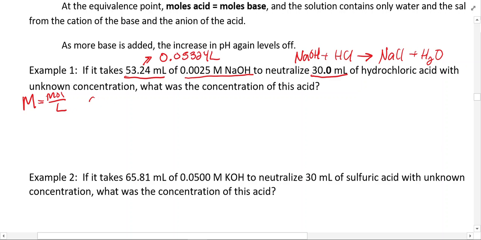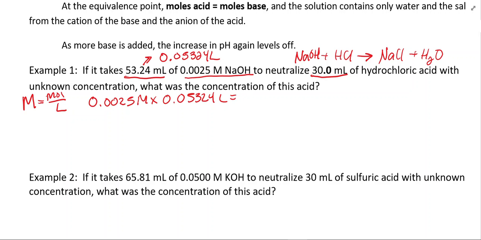We're going to take our concentration of 0.0025 molarity times 0.05324 liters, and that will give us the number of moles. So that gives us 0.0001331 moles of our NaOH.